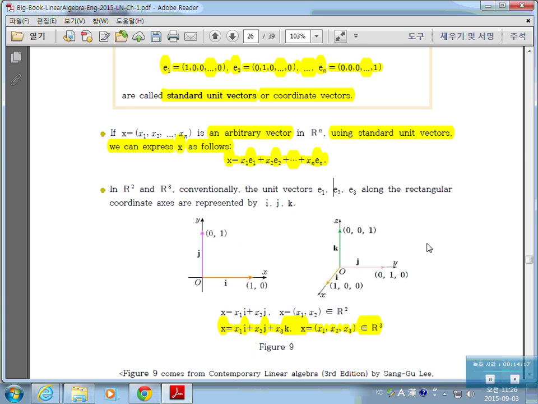For example, any vector in R3 can be written as a linear combination of these three unit vectors. (x1, x2, x3) can be written as x1 times (1, 0, 0) plus x2 times (0, 1, 0) plus x3 times (0, 0, 1). So any vector can be represented by these three vectors.